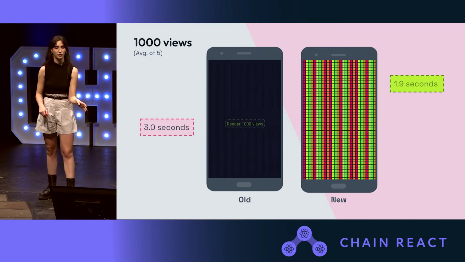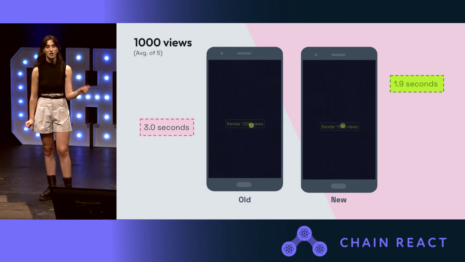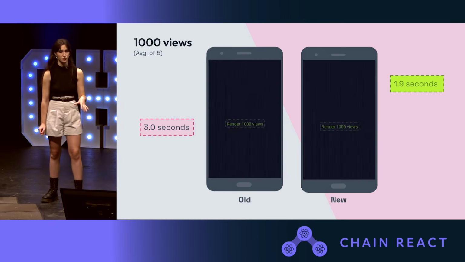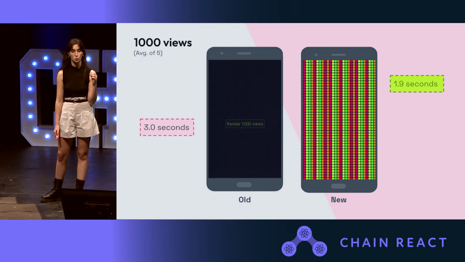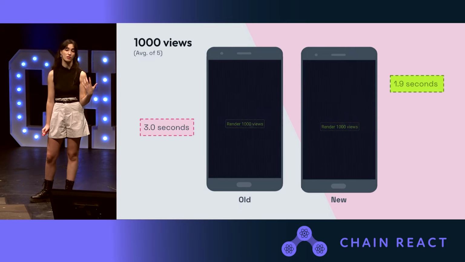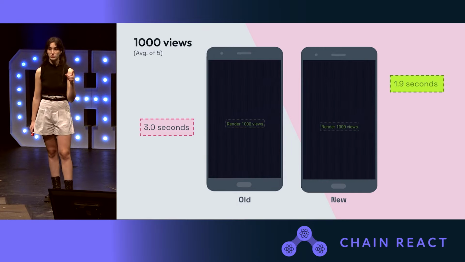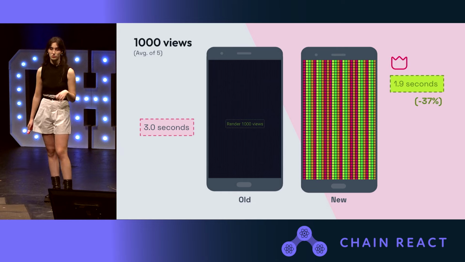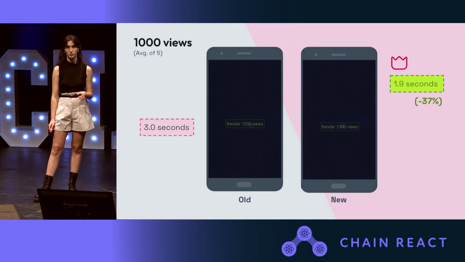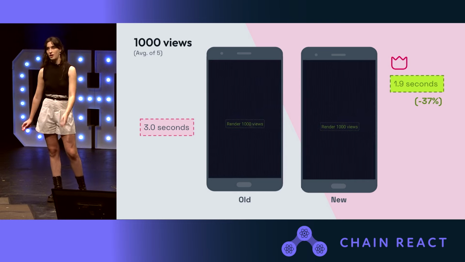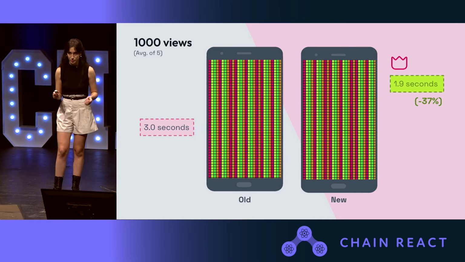You can see that on the left side, the old architecture takes 3 seconds, again on average of 5, to render the 1,000 views, while the new architecture takes only 1.9 seconds, which is a 37% decrease over the old architecture app. So that's a lot better.